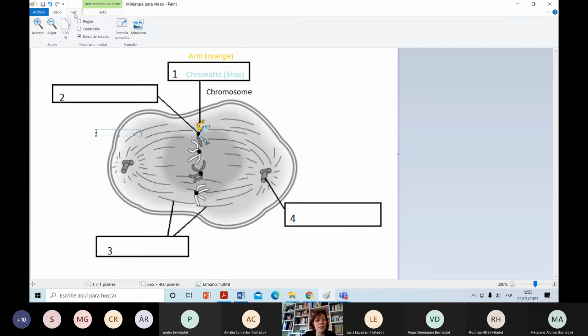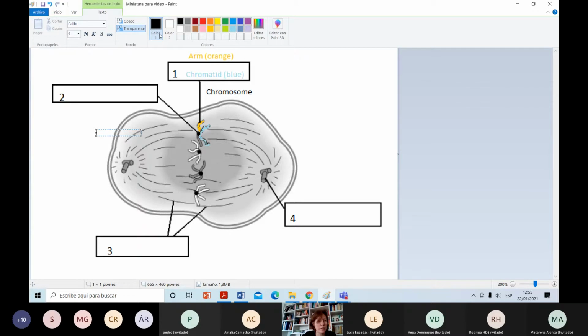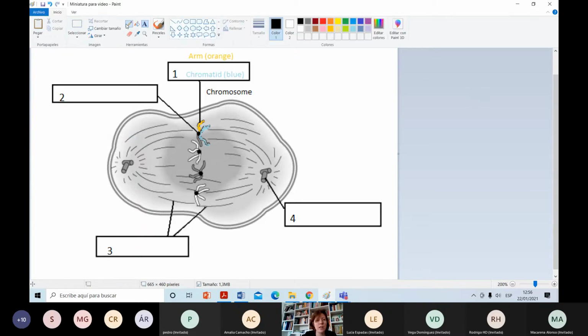So if you see one chromosome, if I give you one chromosome and the chromosome is like this, there's no doubt that this arm is going to be P arm and the long arm is going to be Q arm. That's Q arm, okay?